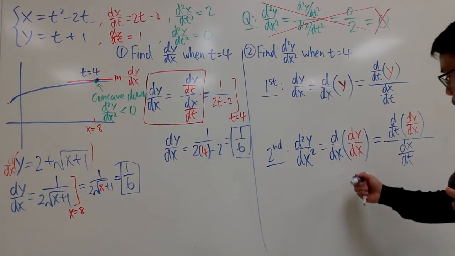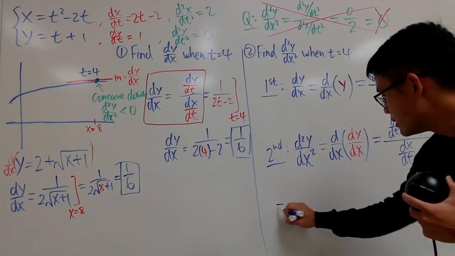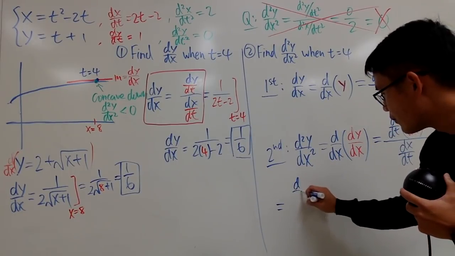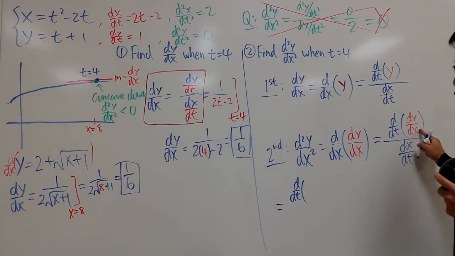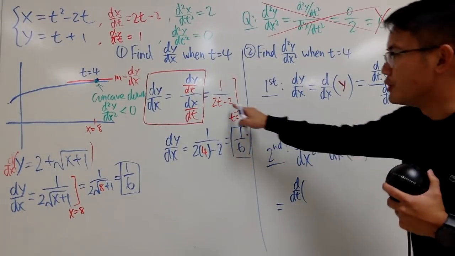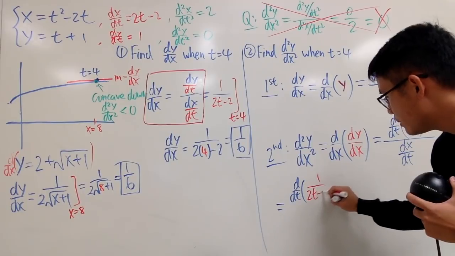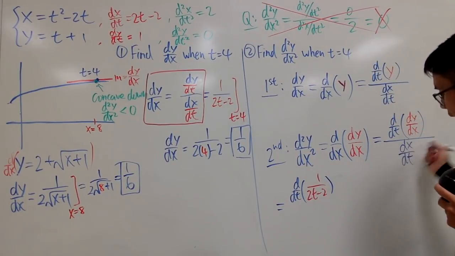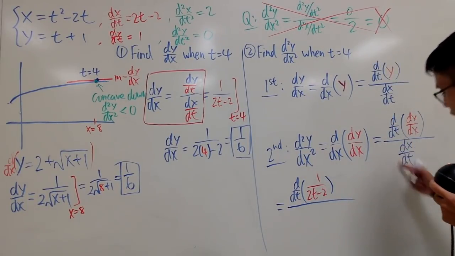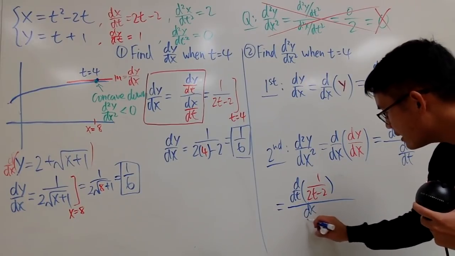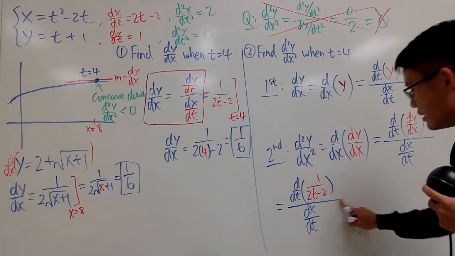So let me do that for you guys. To continue, we see that on the top, I will have to differentiate my first derivative in terms of t, which is this that we got earlier, which is 1 over 2t minus 2. And then, in the denominator, we have to divide it by the expression that we had, namely the dx/dt.